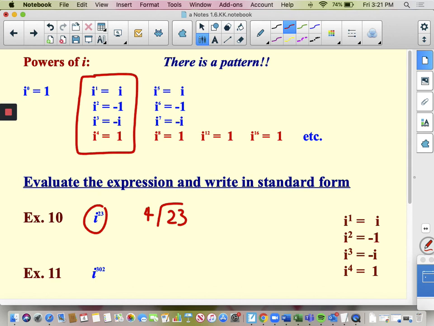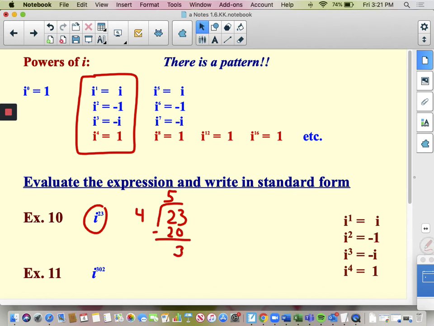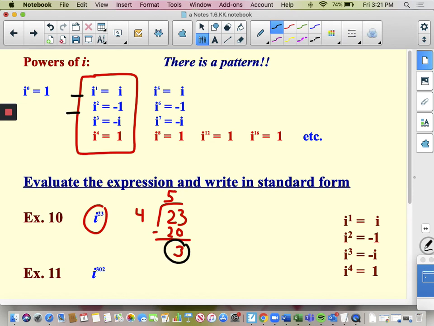So 4 goes into 23 5 times, and my remainder is 3. That is critical. This tells me I'm going to go to the third one in the pattern, so this is equivalent to -i, because -i is the third one in the pattern, right?